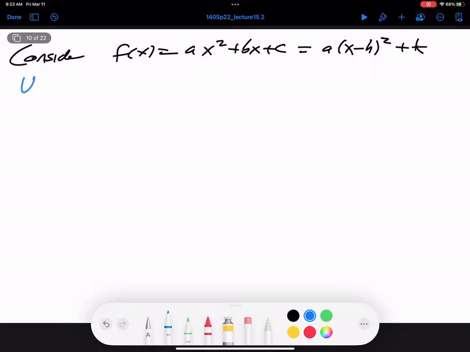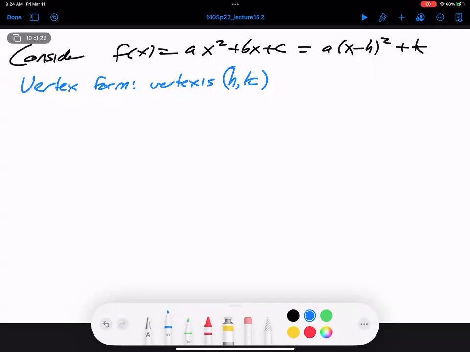Excellent, vertex form. And so the vertex is (h, k). You can see that when x equals h, y equals k. And for any other value, (x minus h) squared is going to be positive. And so if a is positive, this is going to be the minimum and will point up. If a is negative, it's going to be the maximum and will point down. So this is vertex form.